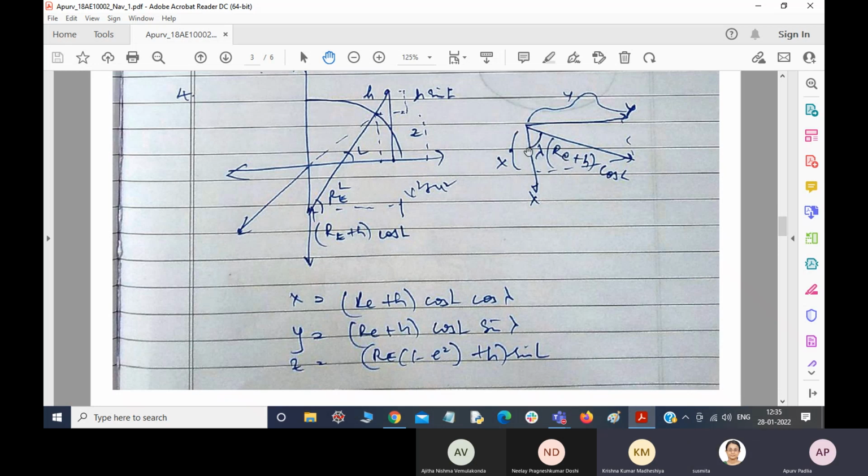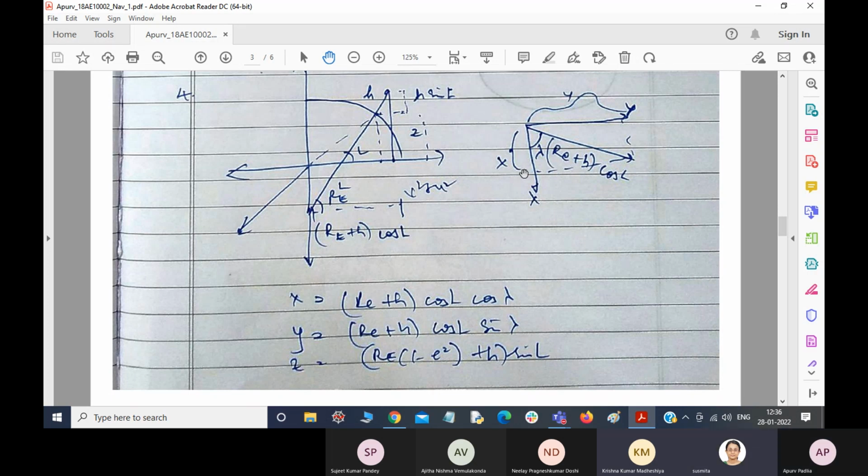So this would be cos L, so how do you get the final expression of Z from cos L? It is given in terms of something else, right? Sin L is given. So how do you get sin L from cos L? Sine L over here, H sine L. And which one did you write cos L? RE plus H cos L. Sine lambda.